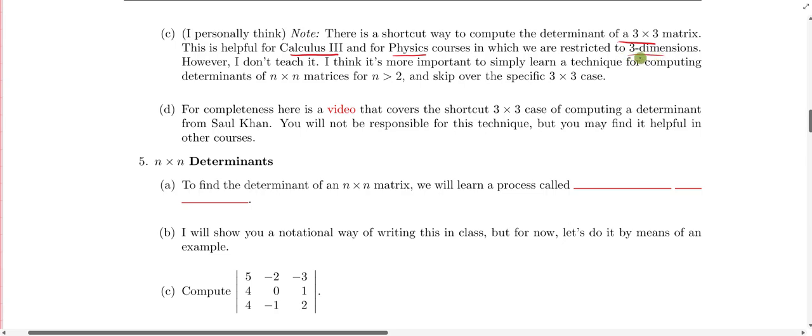However, I don't teach this method because we're going to do determinants of higher order matrices like 4x4s potentially, or maybe even higher, and the shortcut technique for a 3x3 doesn't extend. But if you like, I've included a video here which teaches that shortcut method for computing a 3x3 determinant. And I would say that if you're in a physics class, you might find this formula helpful.